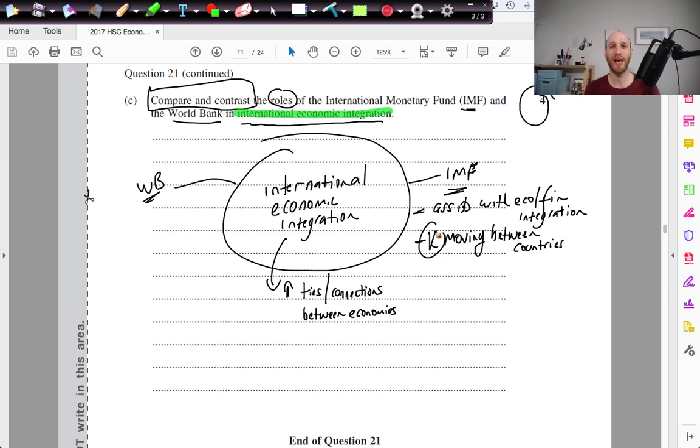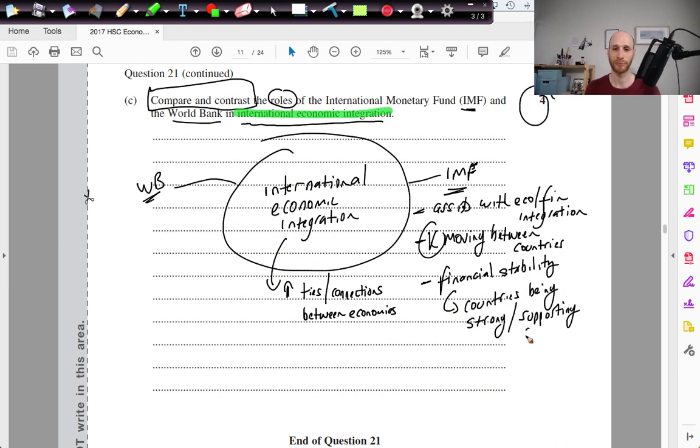The other thing is that the IMF is so big on financial stability, on the countries being strong, on the whole system being strong, which is supporting global growth. So these are some of the roles the IMF plays that help to achieve international economic integration.